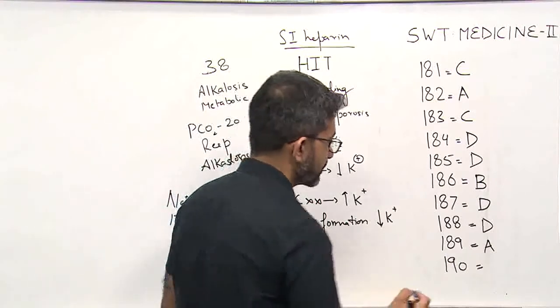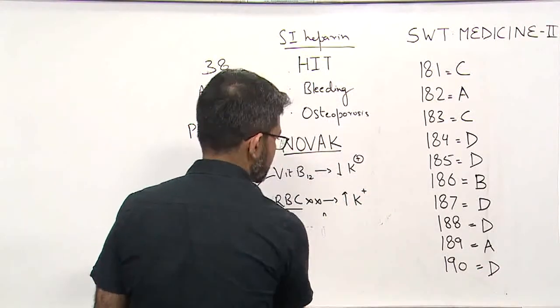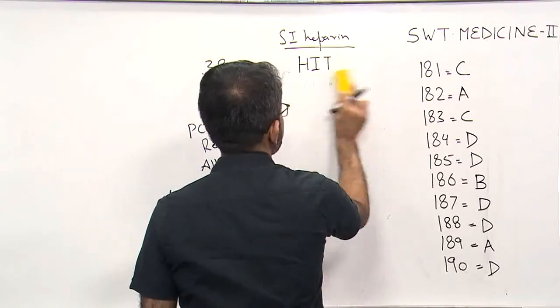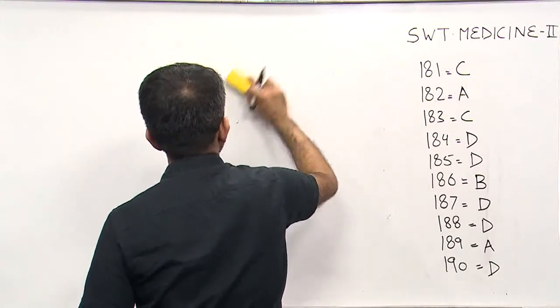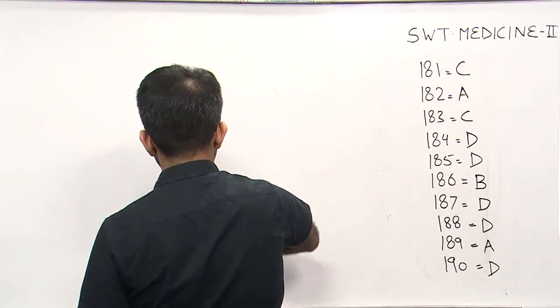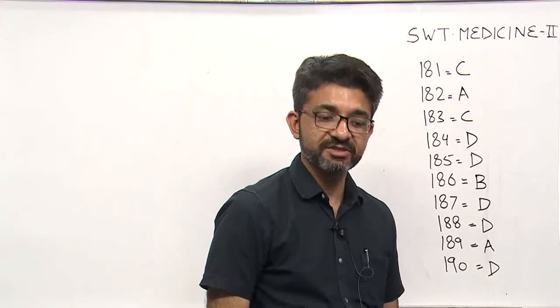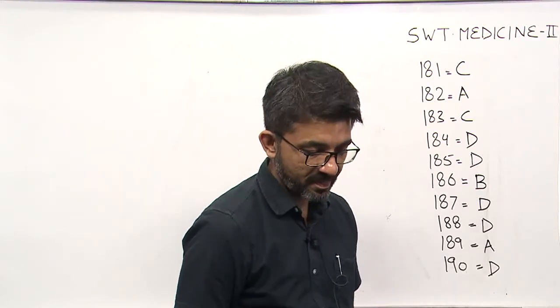So, answer is D. It is not suppression test, it is the absolute hormone which you measure when you talk about gold standard tests. However, screening tests are different. You can do the low dose dexamethasone suppression test, you can have urinary free cortisol levels, etc.